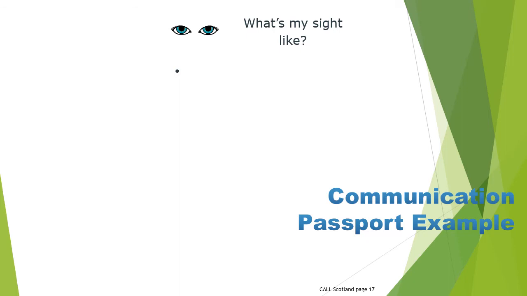Each page of this communication passport, like I said before, is as important as the other. You'll get to know from this passport the communication method that that person can communicate with you, so you know everything as much as possible about that person so that you can actually work with them and help them.